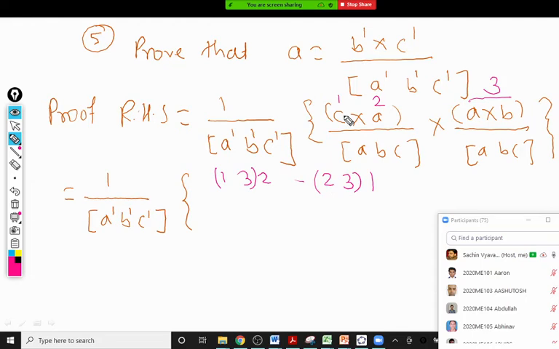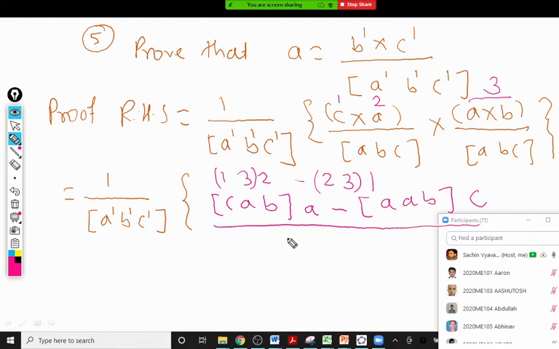So 1 3 is box CAB, box CAB into A, minus 2 3 1 means box AAB, this is 2 3 into C, divided by box ABC square, just similar to the previous question only, and exactly the same thing is happening here.